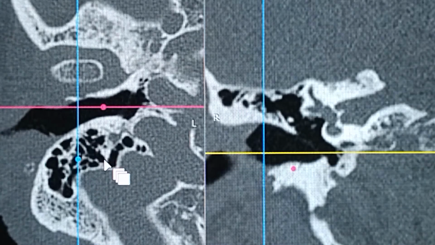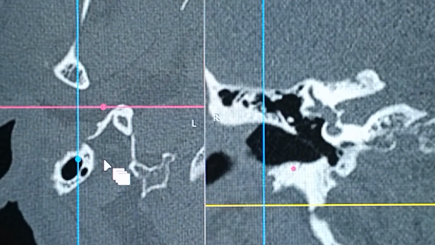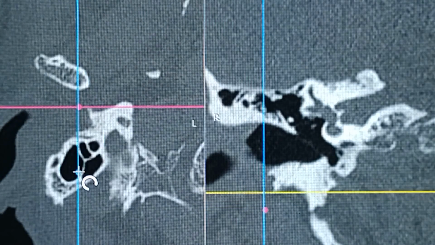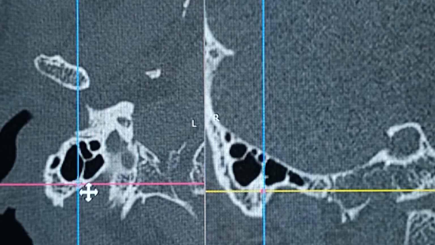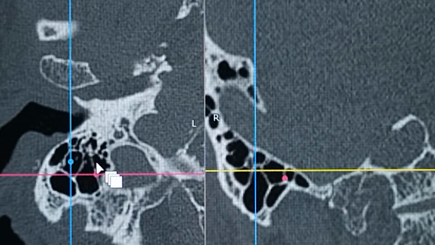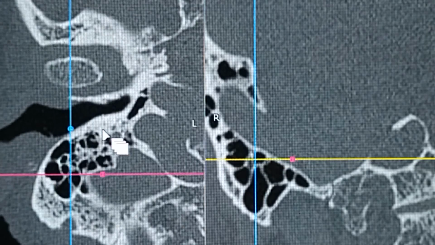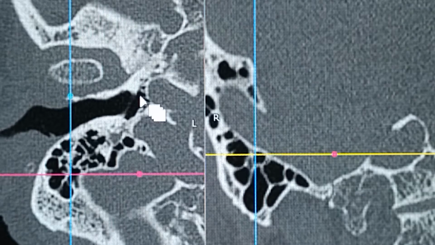The basic method is that you have to go very inferiorly, like we always do. That's the mastoid tip. As we keep on coming up, on the coronal section, you can see that's the mastoid tip right there. As we are coming up, you can see the external auditory canal coming into the picture, and then slowly you can see the bony and the cartilaginous EAC, and later on you'll see the tympanic membrane.